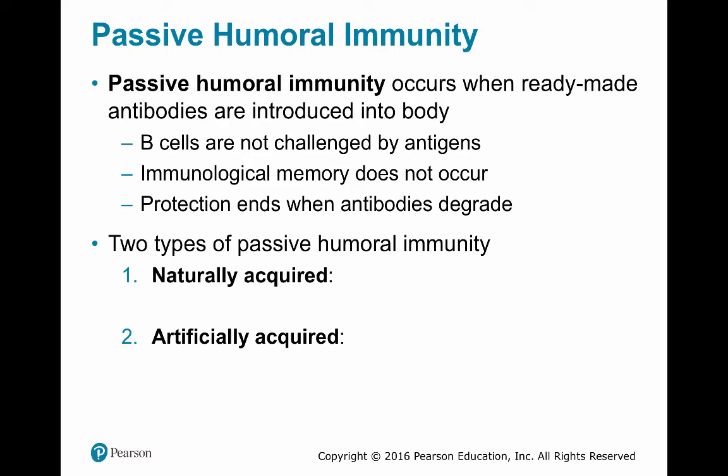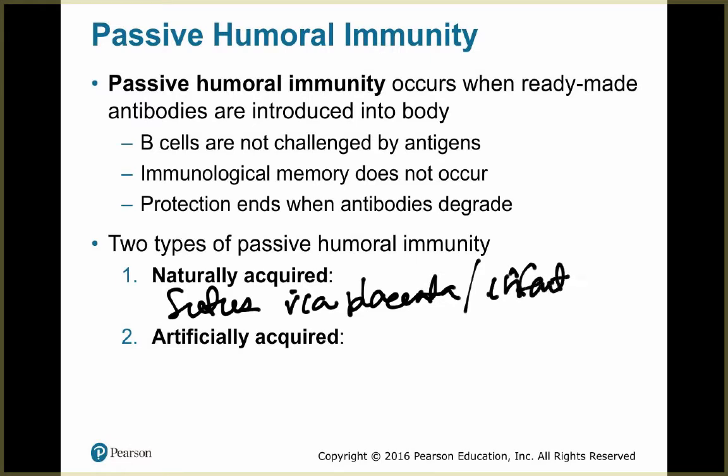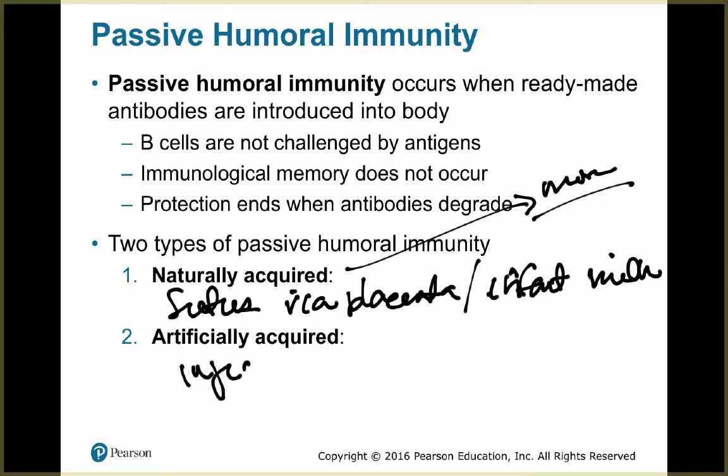Naturally occurring antibodies are delivered to a fetus via the placenta or to the infant through milk. So this is the mom providing them, right? And the artificial is some kind of injection of serum.